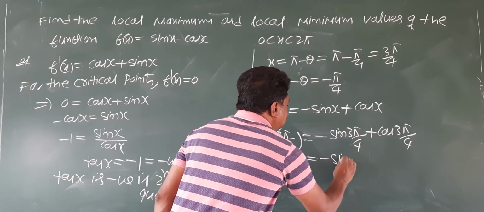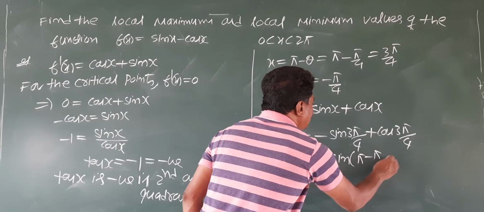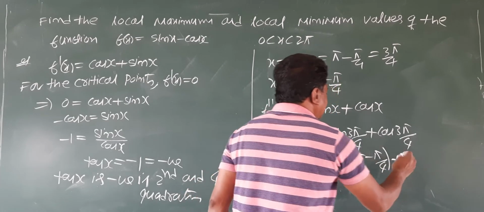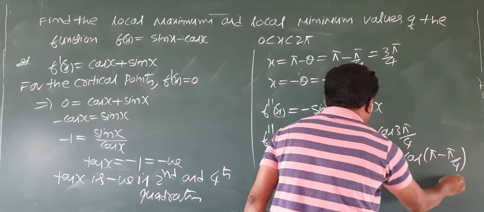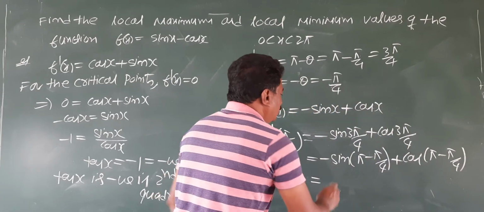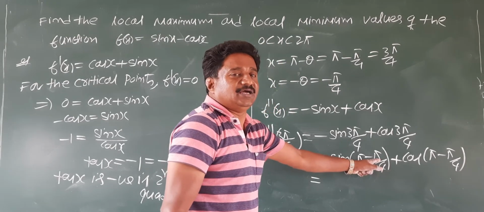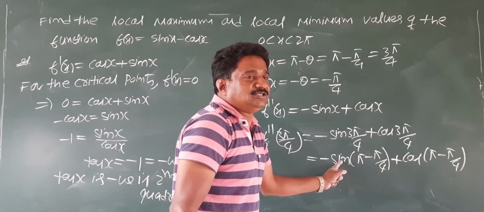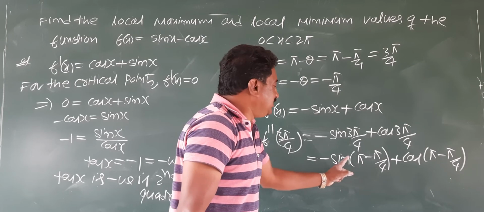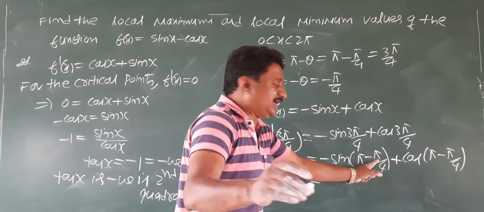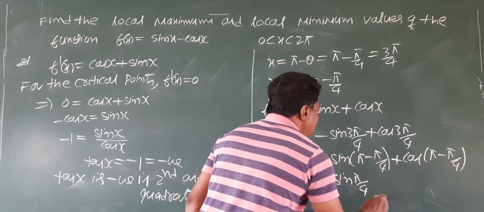Write 3 pi by 4 as pi minus pi by 4. Now 180 minus theta, which quadrant is that? Second quadrant. In the second quadrant sin is positive. The function will not change because we have pi. What is sin of 180 minus theta? Sin theta. Minus sin pi by 4.